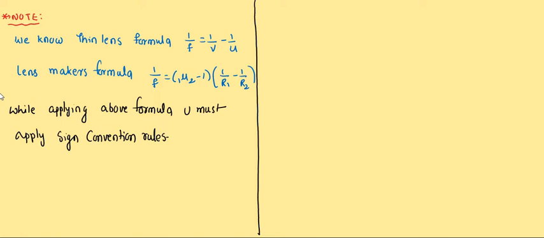Now for that purpose, let us start. We will apply it for case one, that is the equiconvex lens. For an equiconvex lens, how do you apply the sign convention rules? Equiconvex lens means it has equal radii of curvature. Look here. This is the lens.